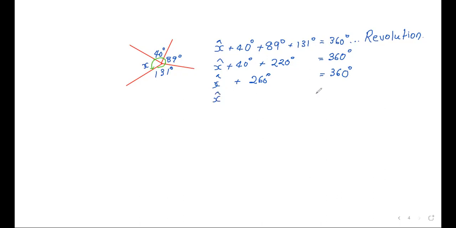Angle X will equal 360. Now we transpose the 260 to change sign into minus 260. Remain with 100 degrees here. Therefore, the value of angle X is equal to 100 degrees.